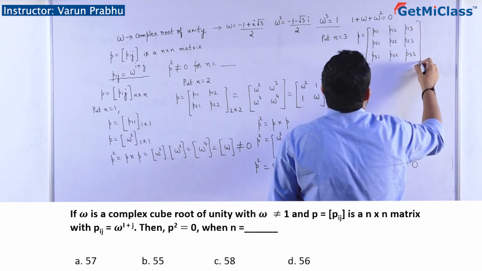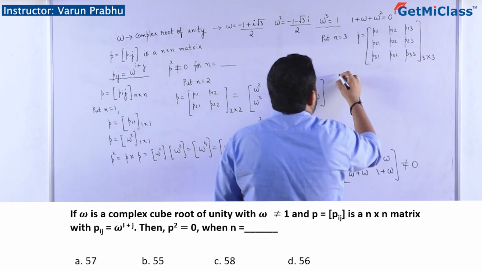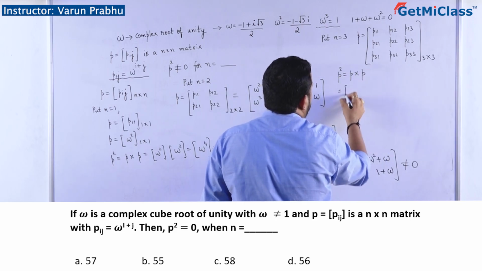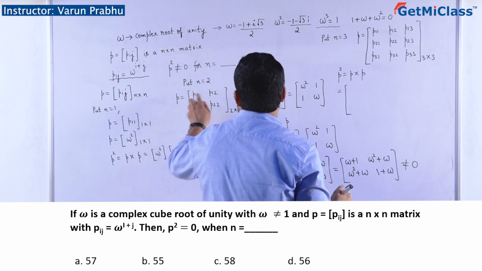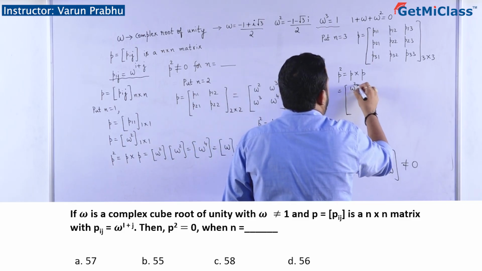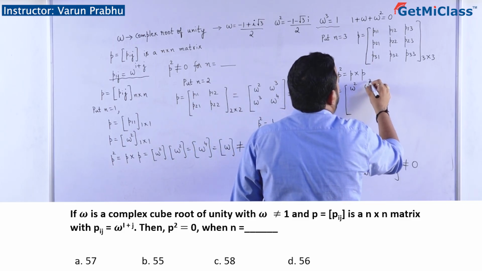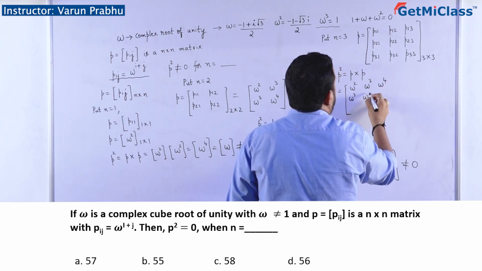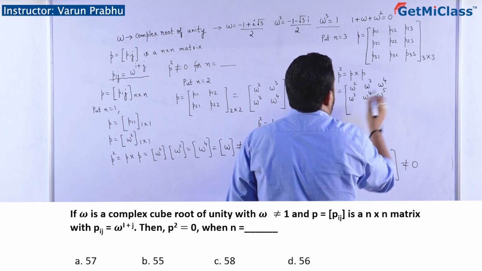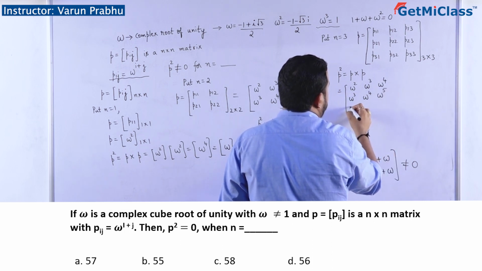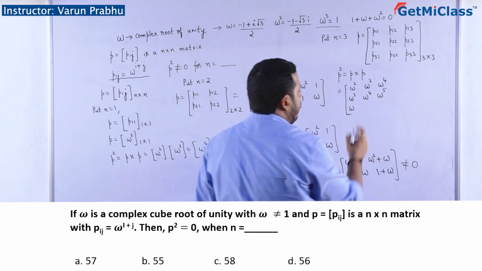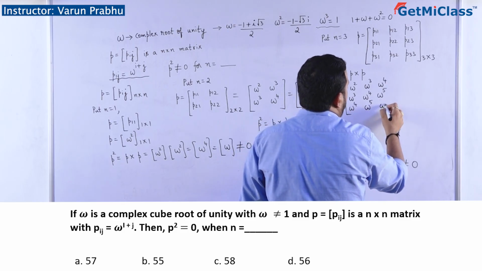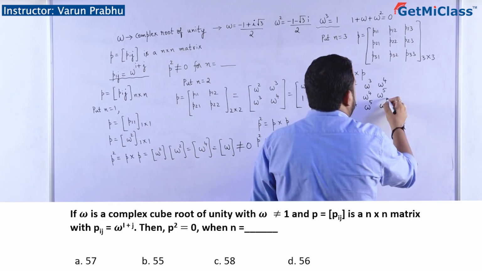The entries will be omega square, omega cube, omega to the power 4, omega cube, omega to the power 4, omega to the power 5, and omega to the power 4, omega to the power 5, omega to the power 6.